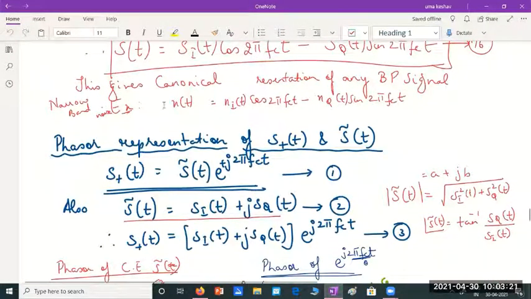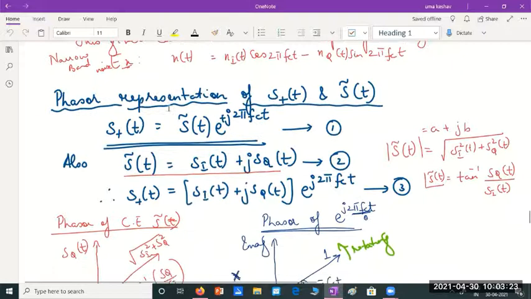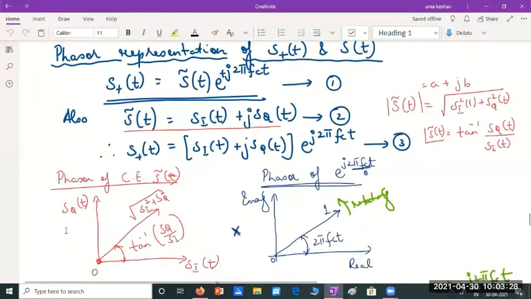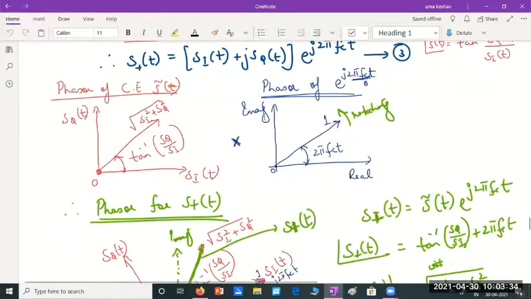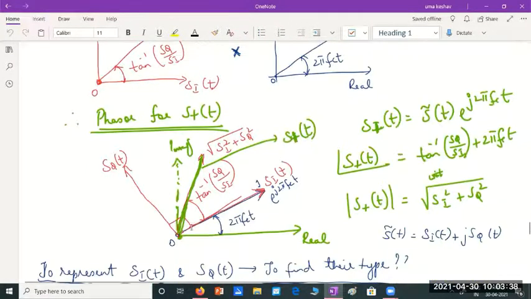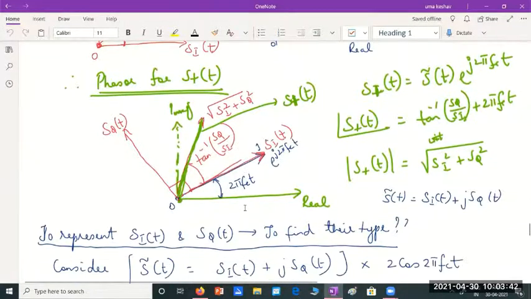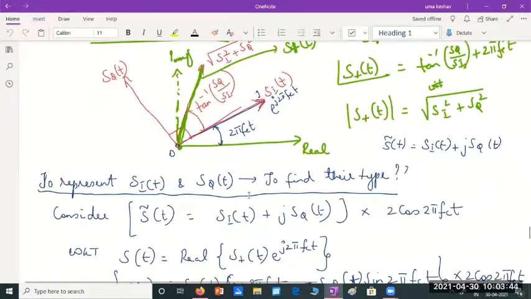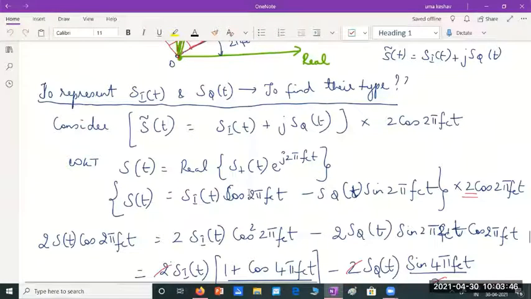We had understood that. Then we also drew the phasor diagrams of the given signal: the complex envelope multiplied with e power j 2 pi fct to get the pre-envelope. We drew all these phasor diagrams, and then tried to find what type of signals Si and Sq are.